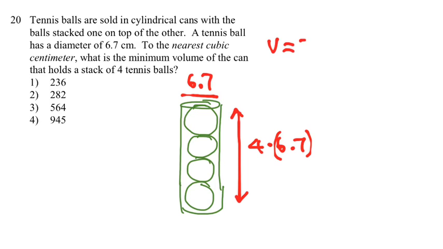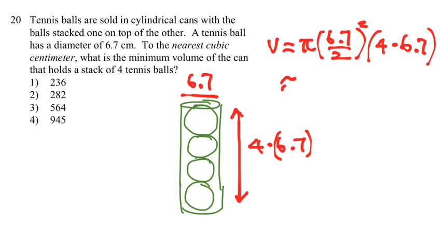Then the volume becomes pi r squared times h, where the radius is half of 6.7. So once you calculate this one, you get to realize that's about 945, which is choice 4.